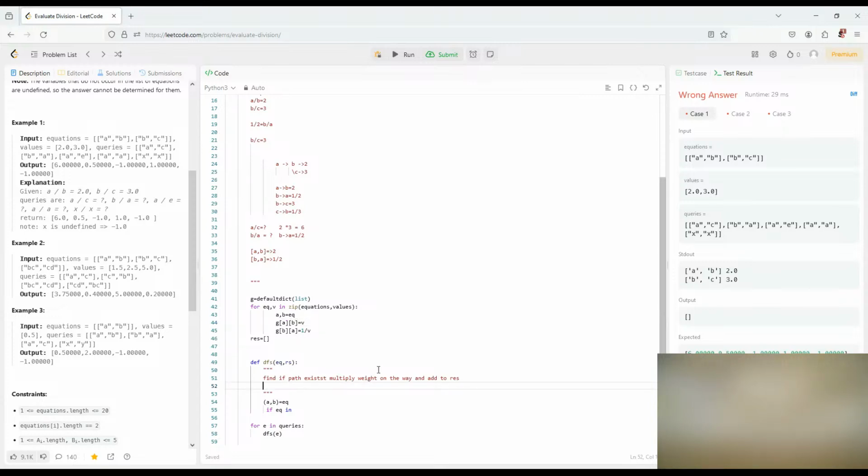So this is what I have to find out, how to do DFS in an adjacency grid.